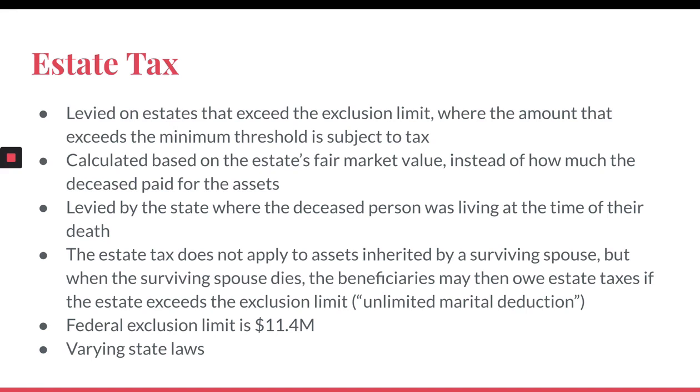The estate tax does not apply to assets inherited by a surviving spouse, but when the surviving spouse dies, the beneficiaries may then owe estate taxes if the estate exceeds the exclusion limit, the unlimited marital deduction. The federal exclusion limit is $11.4 million, which we talked about before. And there are varying state laws, so check your state laws.